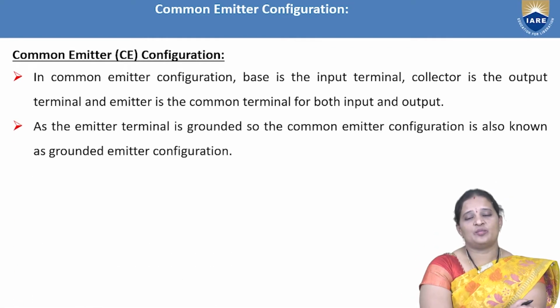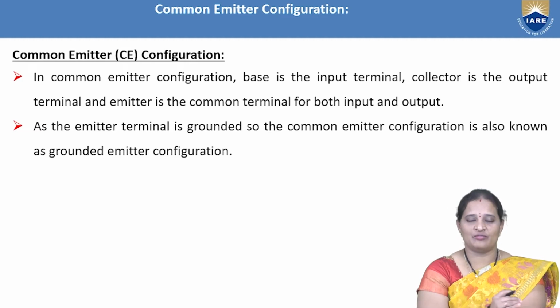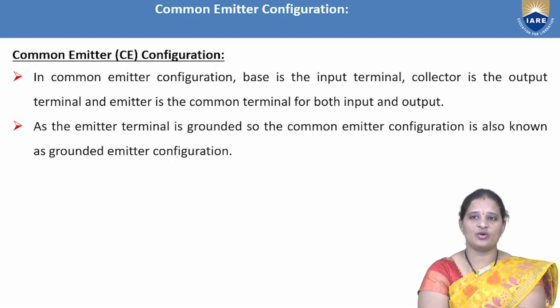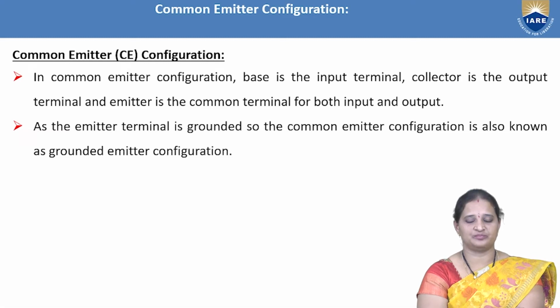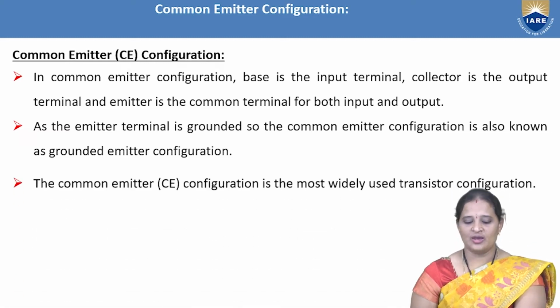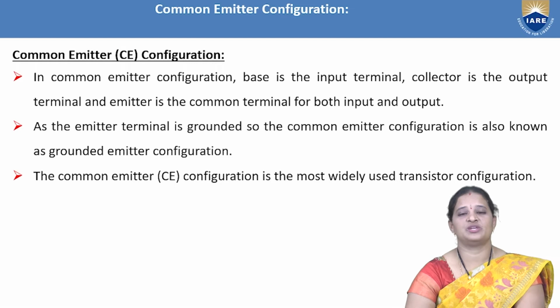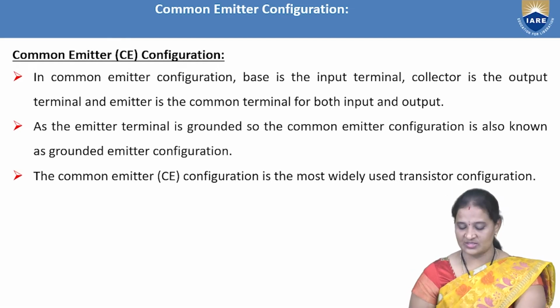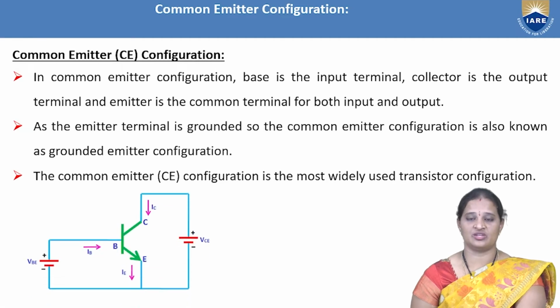As the emitter terminal is common, we should connect the emitter terminal to the ground, and hence the common emitter configuration is also said to be grounded emitter configuration. The common emitter configuration is most widely used transistor configuration because of its advantages.